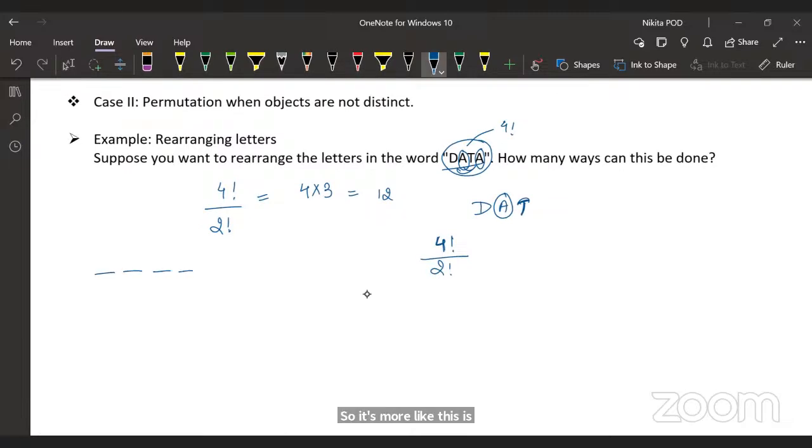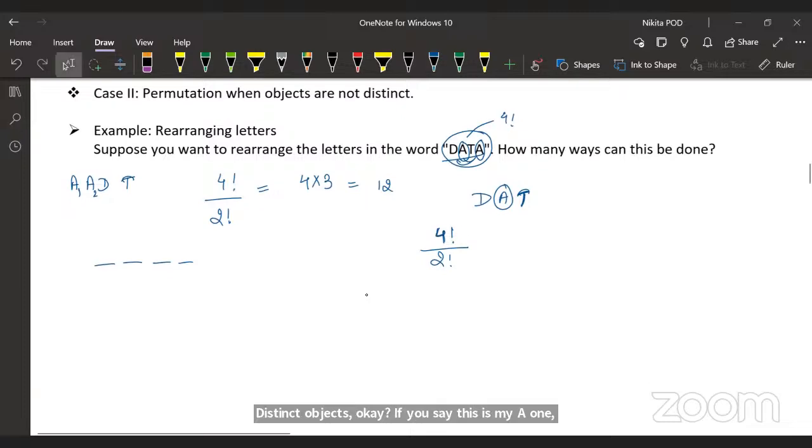Then does it distinguish between placing the first A in the first place versus placing the second A in the first place? How do you distinguish that? Okay, so see, you have 2 A's, you have D, you have T. If you think of them as distinct objects, this is my A1, this is my A2.